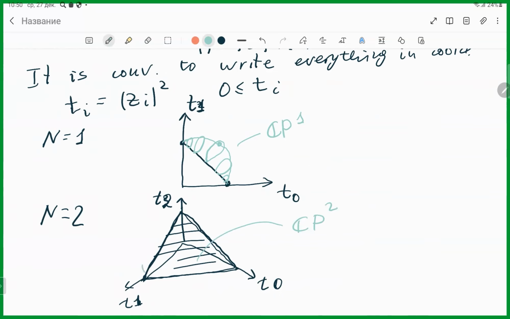I can try to draw circles here: different CP1s inside CP2.